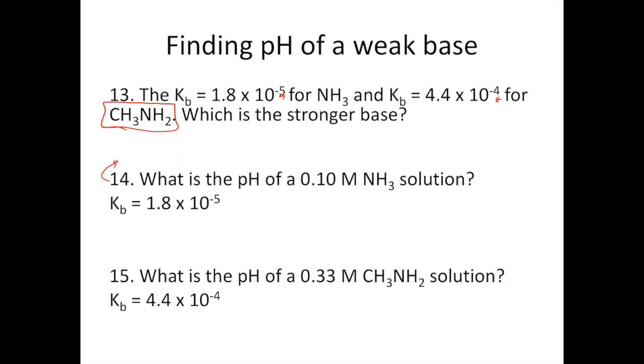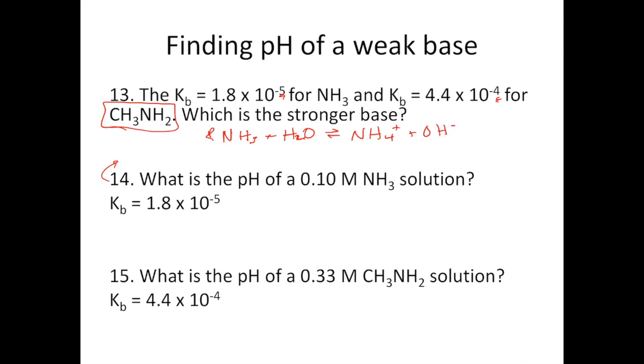NH3. I'm going to use the space above to solve for this one, and then I'll use the space below because I didn't give myself a whole lot of room. So I'm going to write out my equation. I throw in my base with water. NH3 is a base, so it's going to accept a proton. So that makes NH4 plus, right?